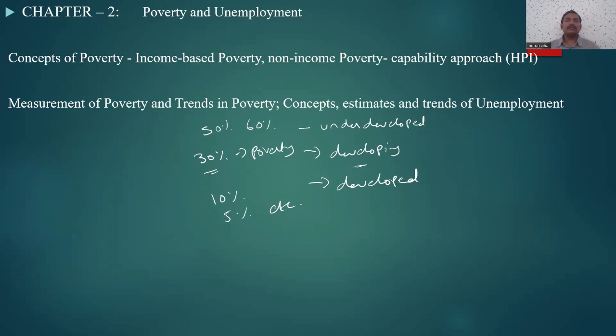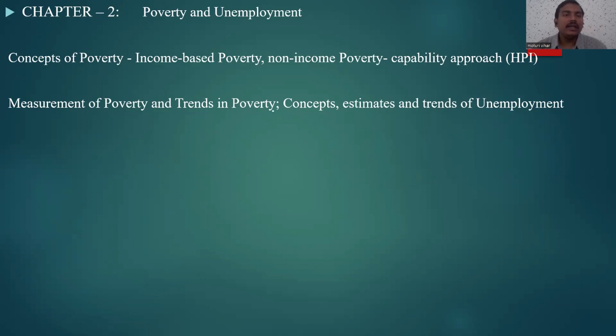If there is unemployment, only then it can lead to poverty, because people will not have continuous income resources, so their income will drop, go below the poverty line, and they come under poverty.